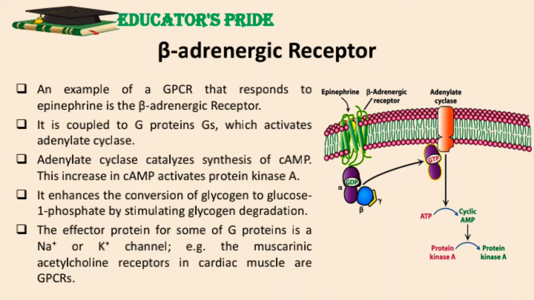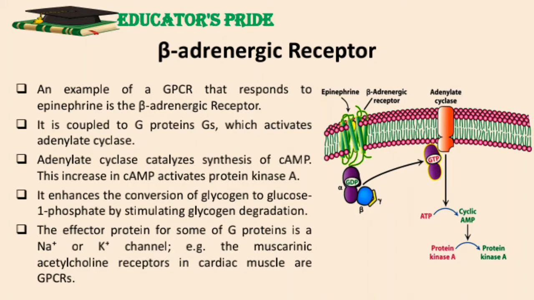Protein kinase A promotes glycogen degradation by phosphorylating and activating a kinase, glycogen phosphorylase kinase, that in turn phosphorylates and activates glycogen phosphorylase, the enzyme that degrades glycogen. The entire process is reversed when epinephrine is removed and the level of cyclic AMP drops.